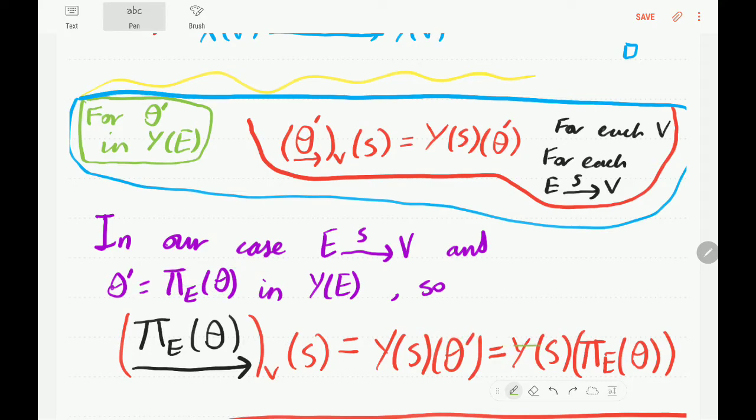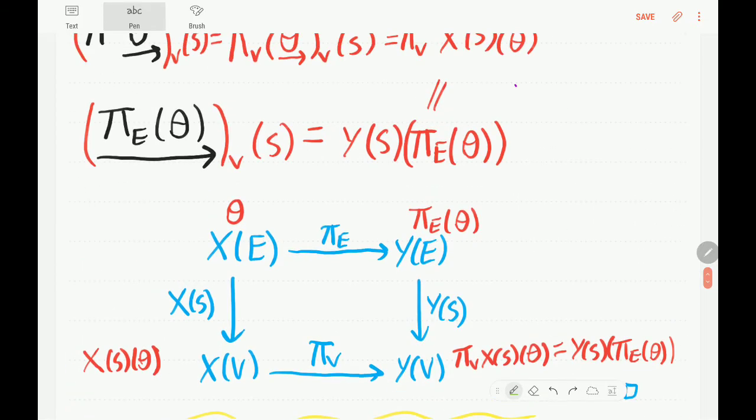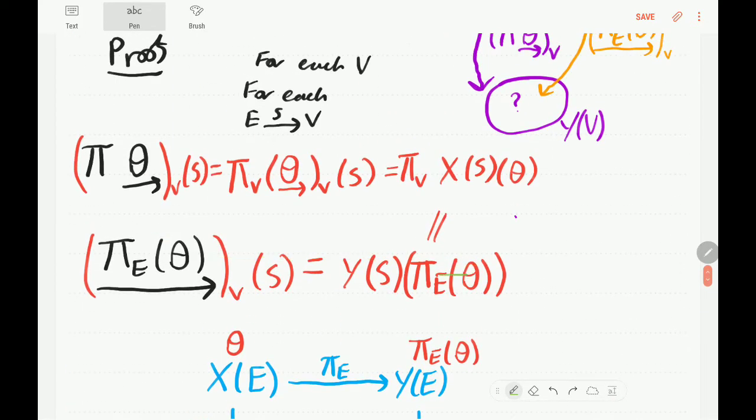So in other words, it's just going to give us Y of s of pi subscript e of theta. Okay, so that's how we get this equality here.